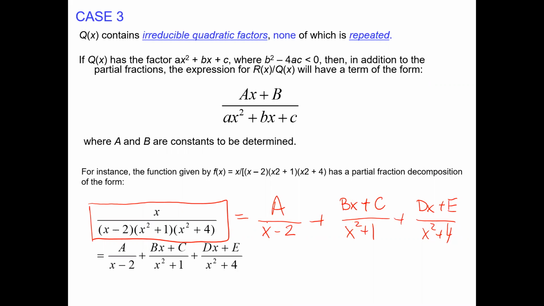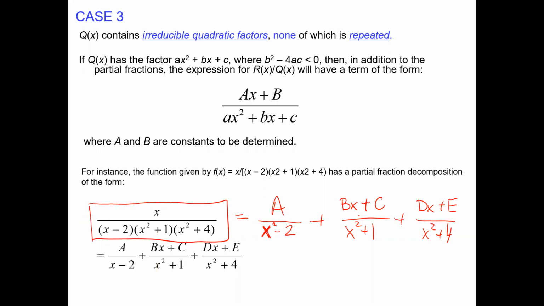Even thinking about the linear factors, I can say x is taken to the power of 1, and I can pretend the numerator is also a polynomial 1 degree less, which is x to the power of 0, which is 1.